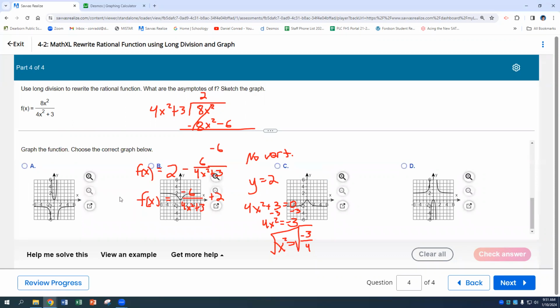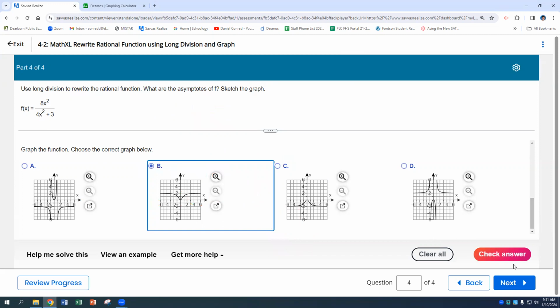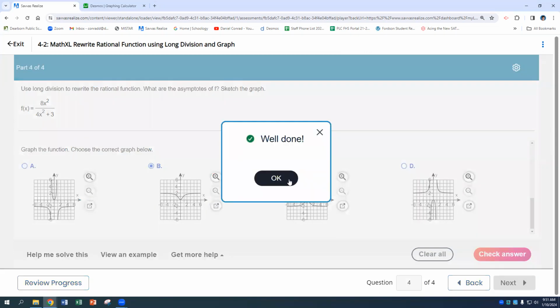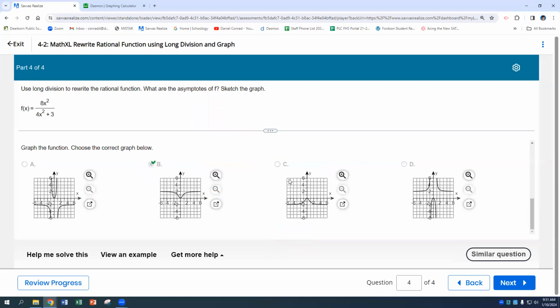Okay, and so it looks like it's got to be option B. And there you go. And so that's the first part, rewriting rational functions using long division.